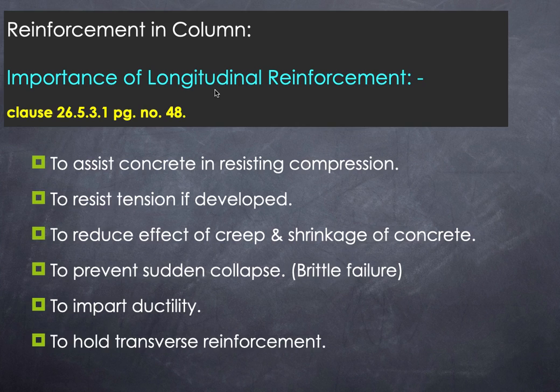That is of course true in beams or slabs. But a column is a compression member. If that column is subjected to additional moment, there is tension. So to resist that tension, we need to provide longitudinal reinforcement.